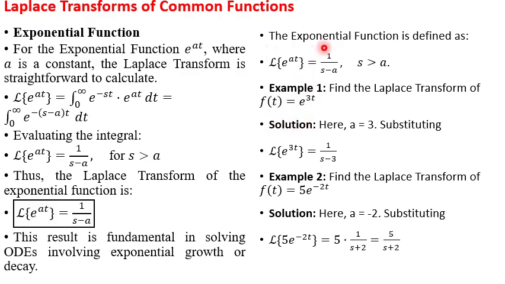Solution. Knowing that the Laplace transform of an exponential function, exponential raised to power at, will equal 1 all over s minus a, provided s is greater than a, relating this general Laplace transform to this equation, we are able to identify that a equals 3.